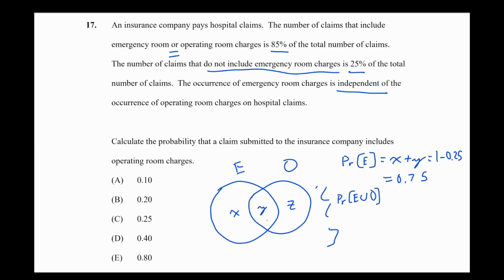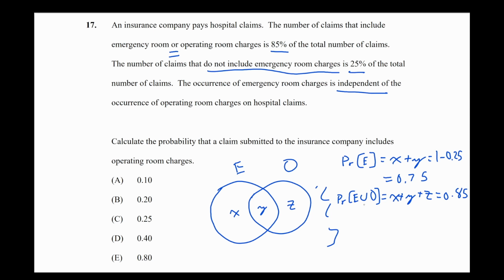So that would be X plus Y plus Z, X plus Y plus Z is equal to 0.85.